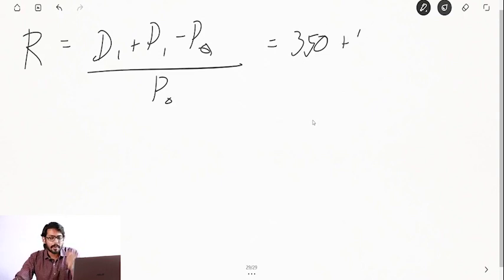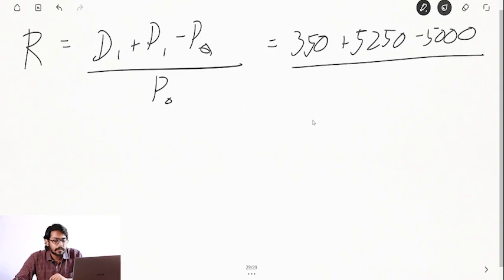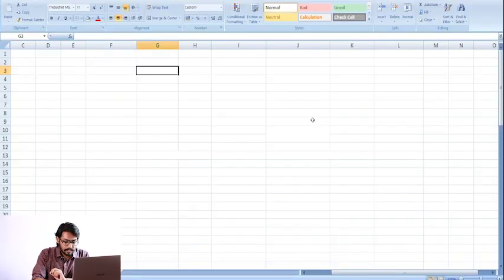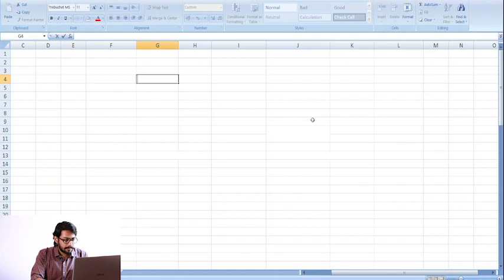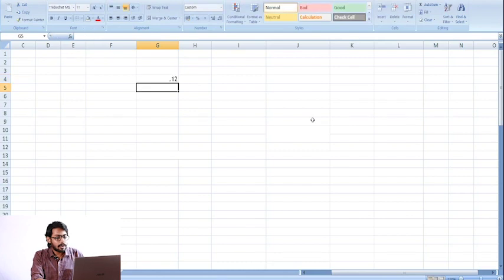It's for 1 year. So 5,250 minus 5,000 divided by 5,000. You will get a rate of return of 600 by 5,000, which is 0.12, or 12%.